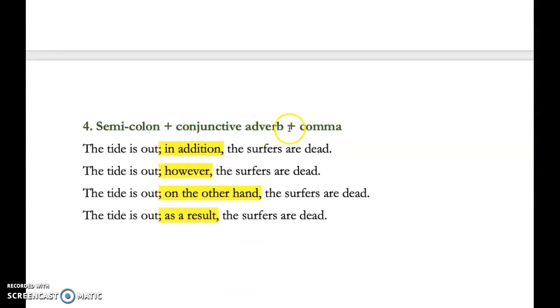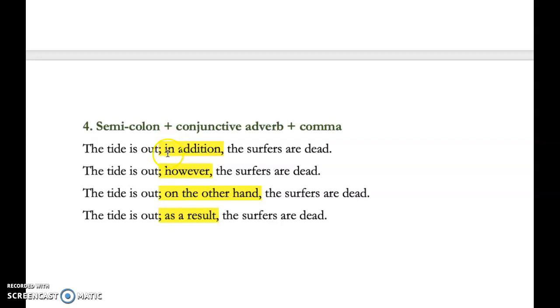And a conjunctive adverb, like a comma or like a fanboys, shows the relationship between two sentences. But I think of a conjunctive adverb as a sort of bigger, stronger, wordier, longer option for what to put between the two sentences.